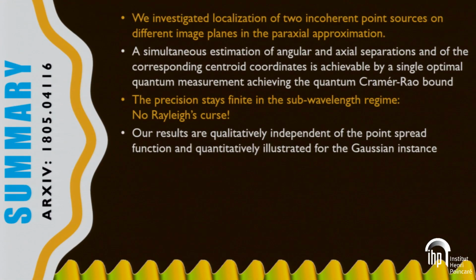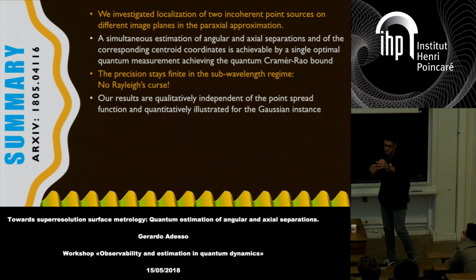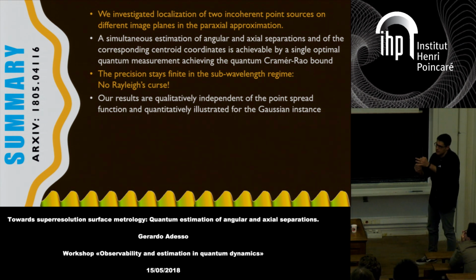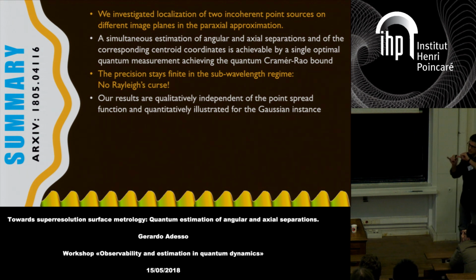So yeah, in this talk, which refers to the paper that appeared yesterday on arXiv, we studied localization of two point sources with a more general feature compared to the literature, that they are on different object planes. So we have to estimate angular and axial components of the centroid and their separation.